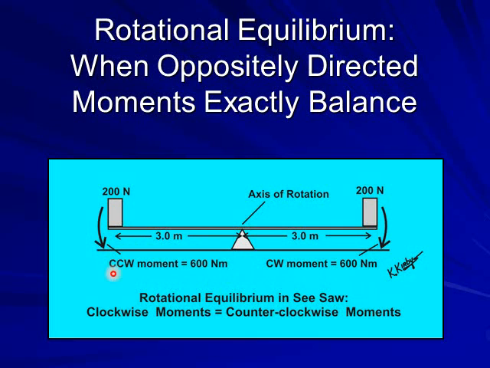Since the counterclockwise moment of 600 Newton meters exactly balances the clockwise moment of 600 Newton meters, we know that the seesaw is in rotational equilibrium because the opposite moments exactly balance. So if we saw this seesaw resting, not moving, we know it's in rotational equilibrium, and the clockwise and counterclockwise moments exactly balance, and this is what produces the condition of rotational equilibrium.